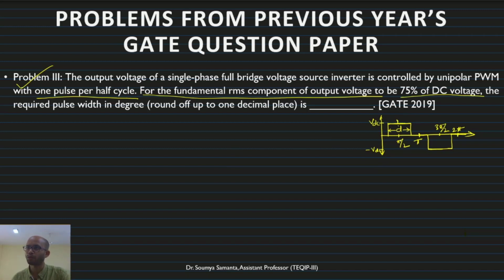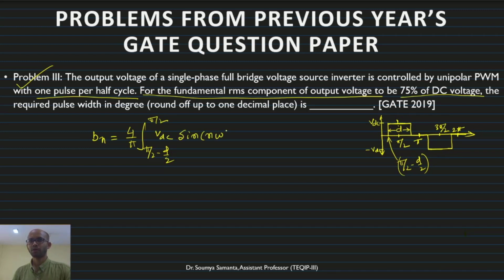So this is pi by 2. So this is D by 2, and pi by 2 minus D by 2 is this position. If I find out the theta, what will be the Bn? It will be 4 by pi, integration from pi by 2 minus D by 2 to pi by 2, of VDC into sine n omega t d omega t.